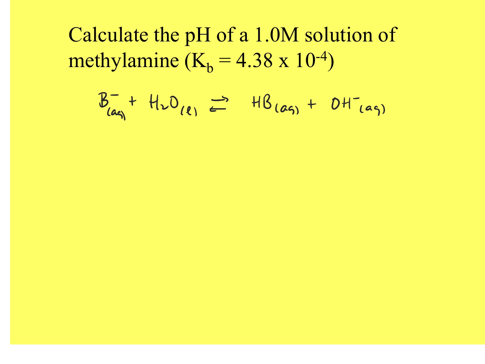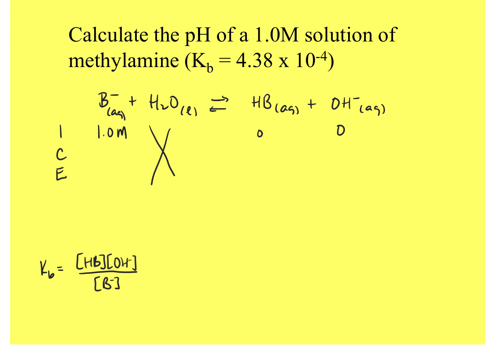So the equilibrium expression is Kb equals HB times OH minus over the conjugate base. In the initial, change, equilibrium table, the initial concentration is 1 molar. We're going to X out the water column, and these are both 0.